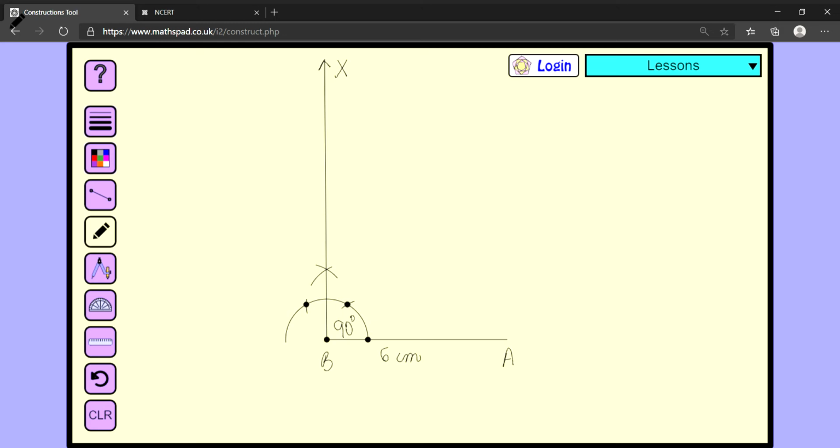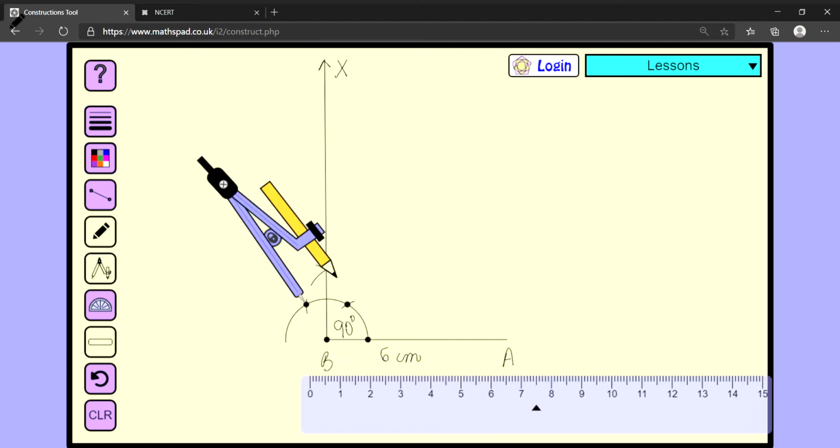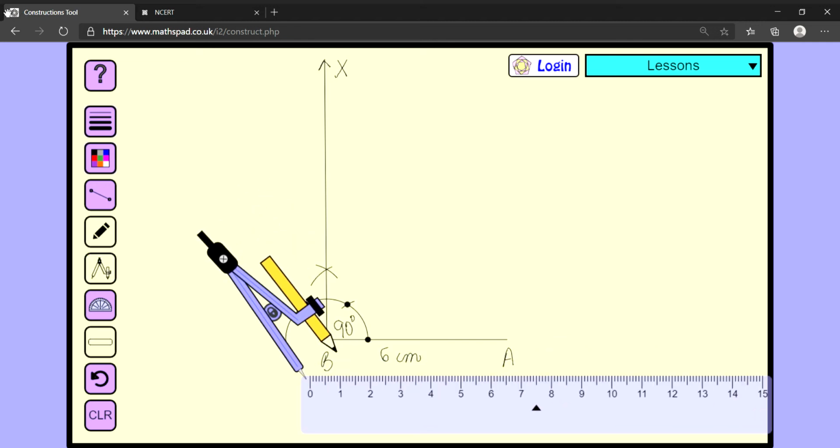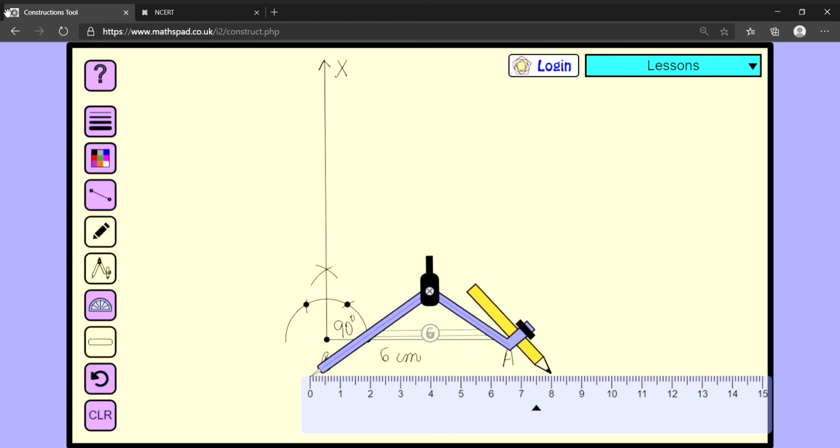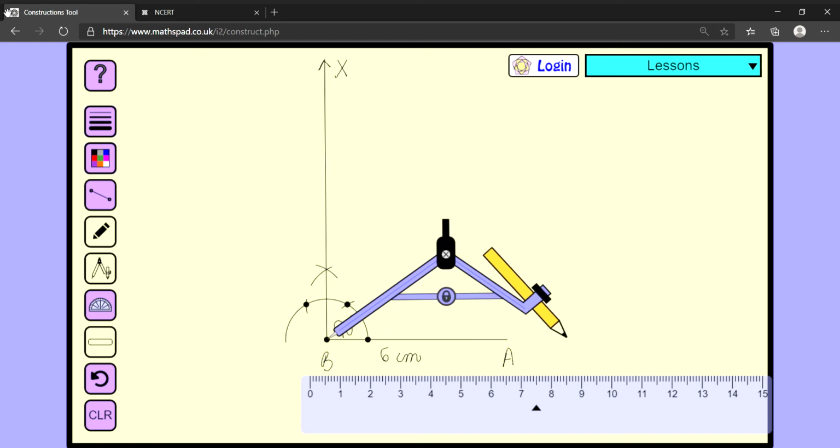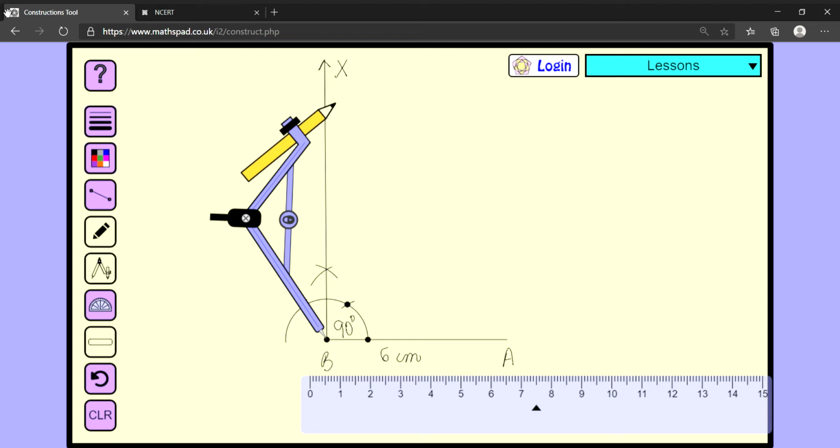I'm going to cut off an arc along BX in order to obtain point C, which is 8 centimeters away from point B. Opening my compass again of radius 8 centimeters this time, I'm going to cut off an arc along BX by taking B as center.